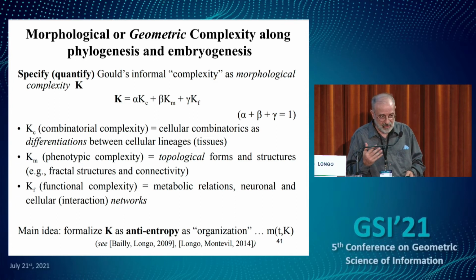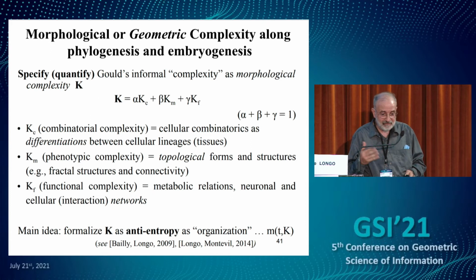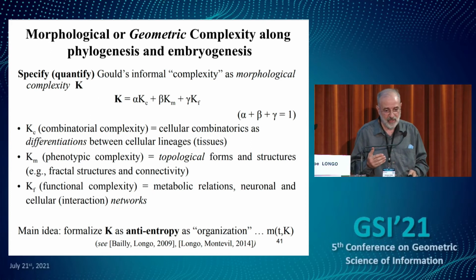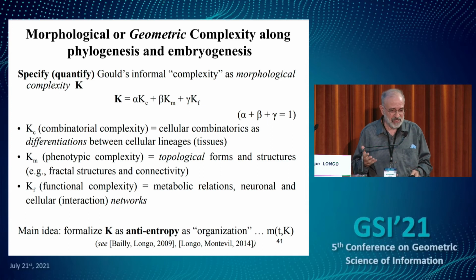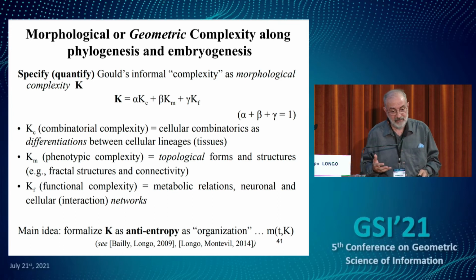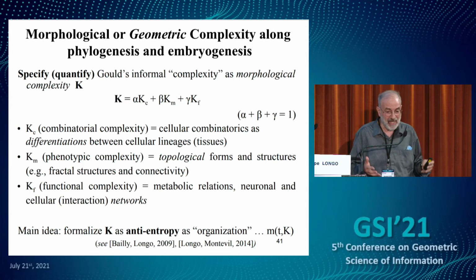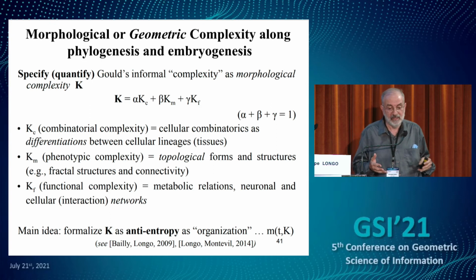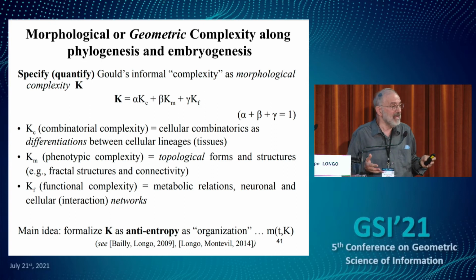And very briefly, there should be a lot of technical specification. We count the number of different tissues, which has been increasing, 2, 3, 7 tissues. The phenotypic complexity typically is the topological forms, like the fractal structures, the connectivity between separated connected components, the functional complexity, the metabolic relations, in general the networks, the neural networks typically. The neural network in a human has a huge number of connections.